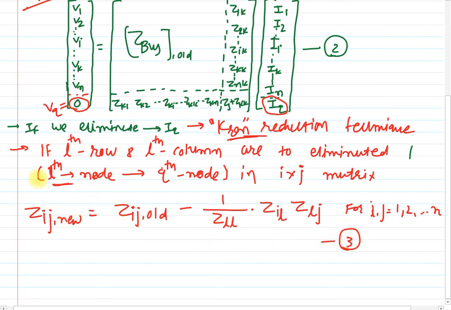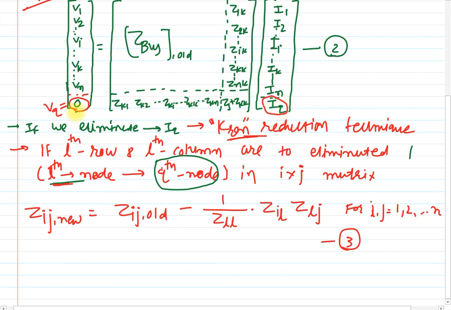Here I have written the equation where we consider that the Lth node is removed from the system. In our case we have removed the qth node, after assuming that we can eliminate Iq.